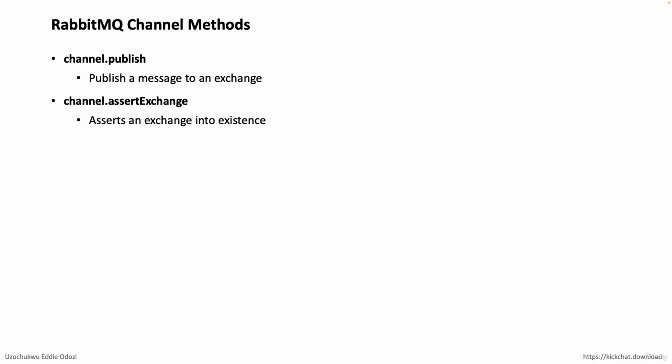Then we have channel.assertExchange. This asserts an exchange into existence. It creates an exchange. When publishing a message, we usually pass the exchange name and a routing key. So in the publish method, we pass an exchange name, a routing key, and also the message that we want to send.